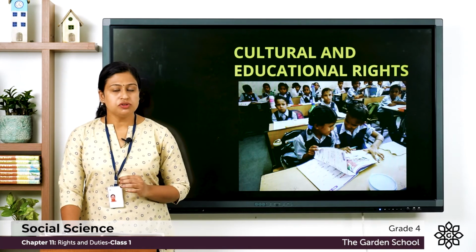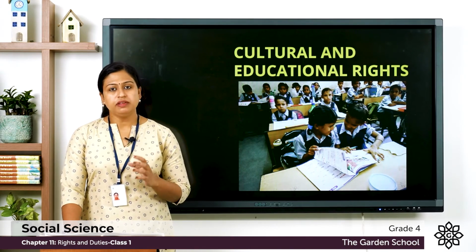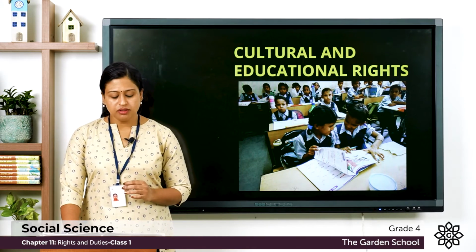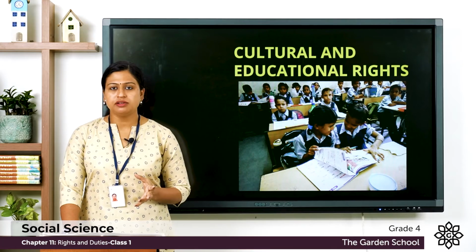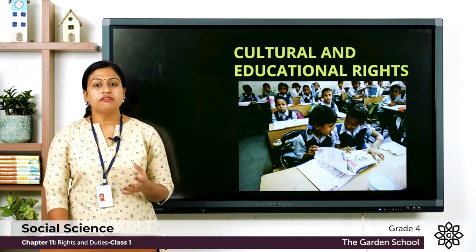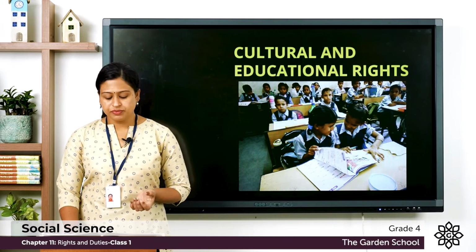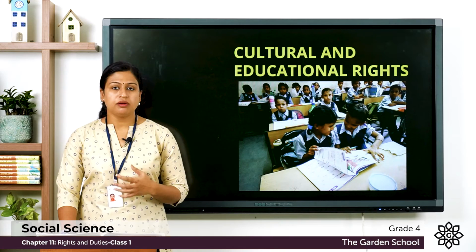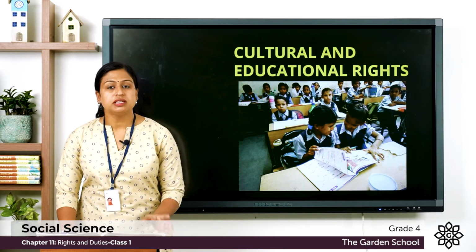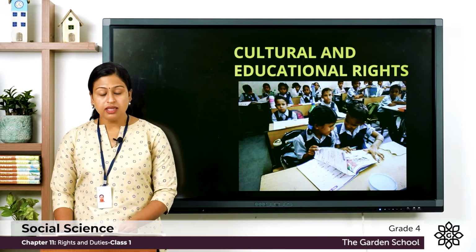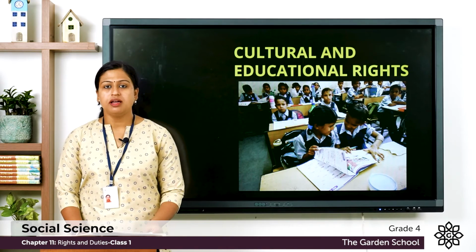So the Constitution of India says that people living in these states have the right to preserve, protect and develop their culture, and they can follow their own culture. The Constitution also says that they can set up their own schools and colleges in any part of the country. So this was about the cultural and educational rights.